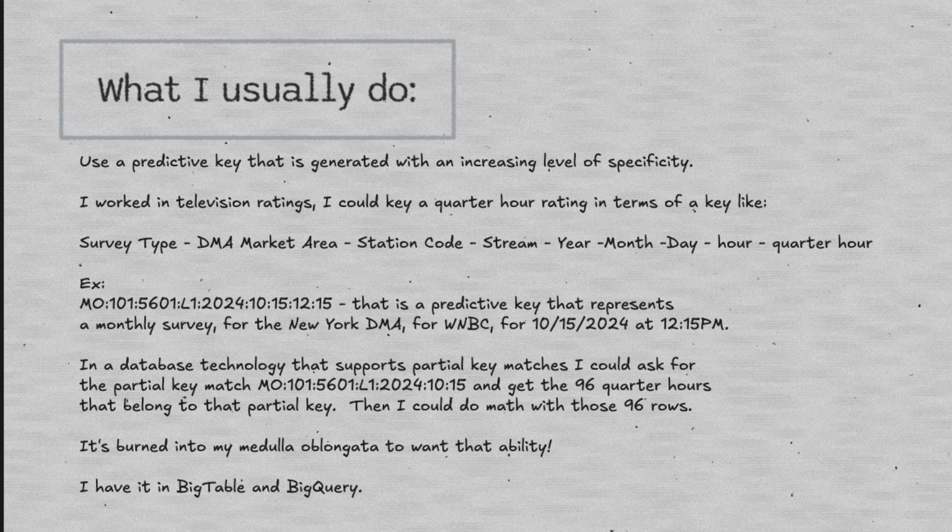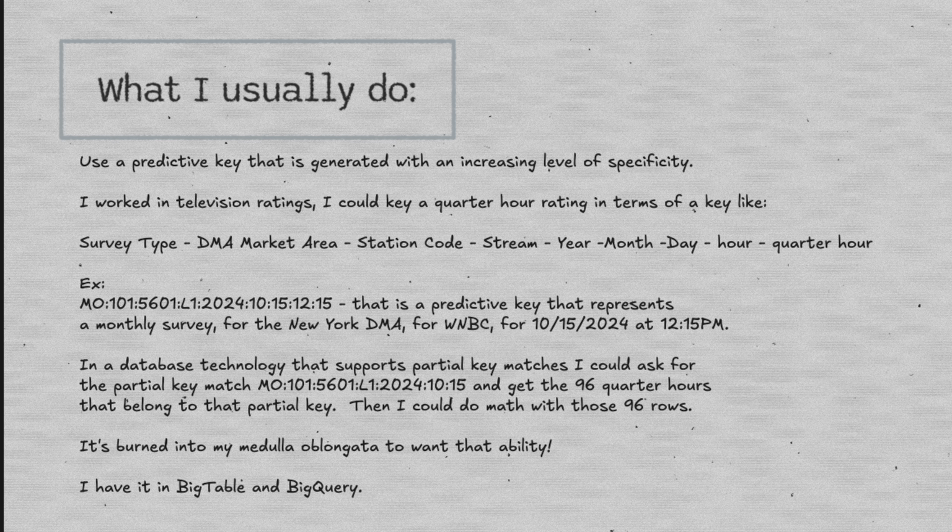So I would have something to the effect of monthly, 101 for the New York market, 5601 for a specific station like WNBC, L1 for Live Plus One, 2024 for the year, 10 for the month, 15 for the day, and then 12:15 for the hour and quarter hour.